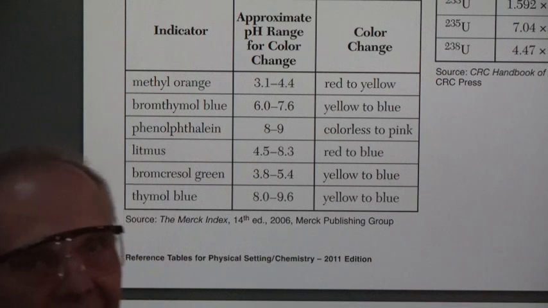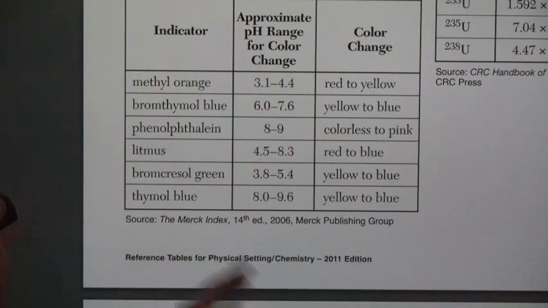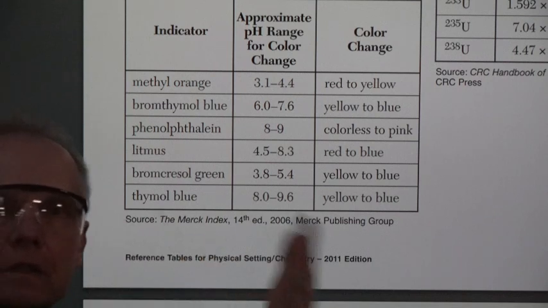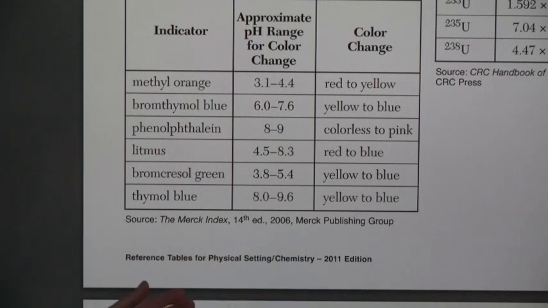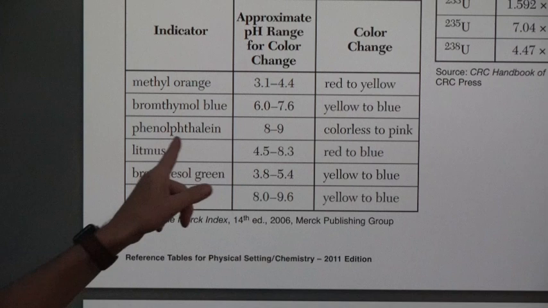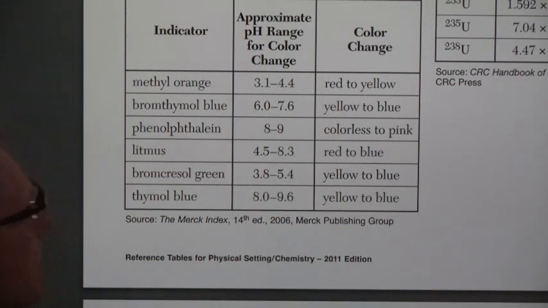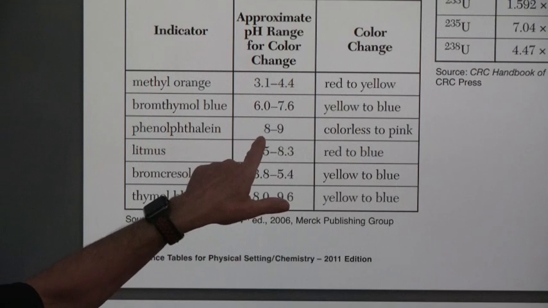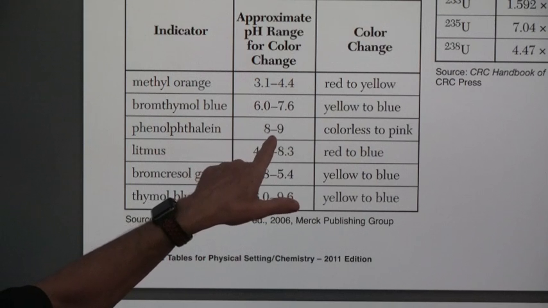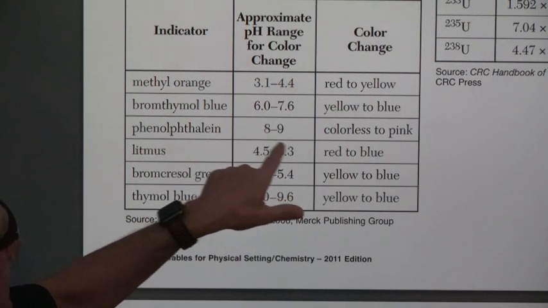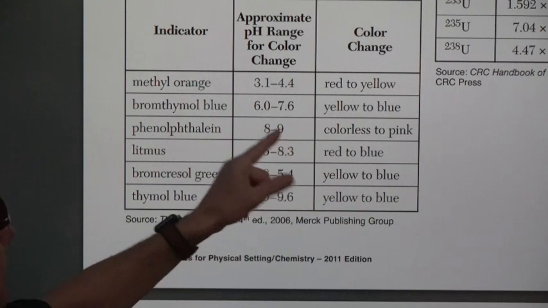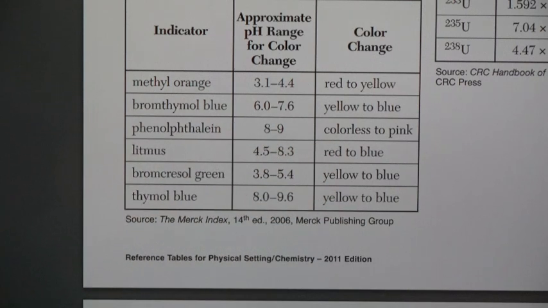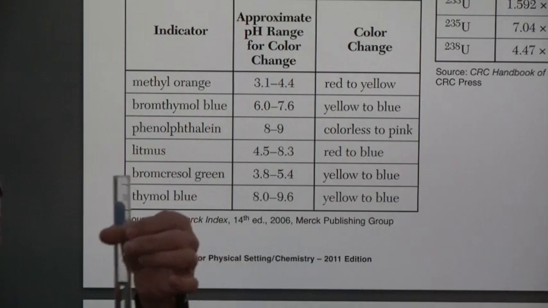So the next indicator that I like also, so I like litmus paper, I like bromothymol blue because they go from acid to base. I also like phenolphthalein. Hard to spell, but I like phenolphthalein because look at it, if phenolphthalein is below 8, which means acid, it's colorless. If it's above 8, it's going to turn pink. So here is an acid.